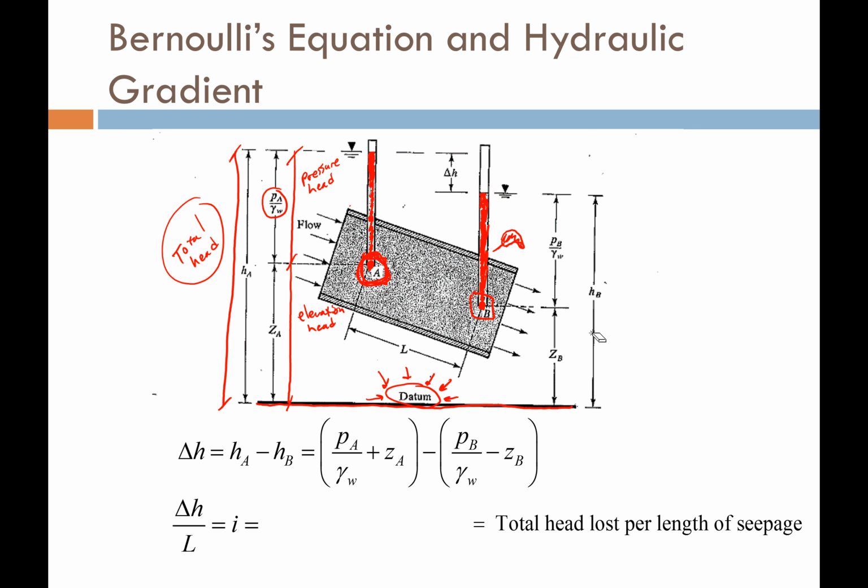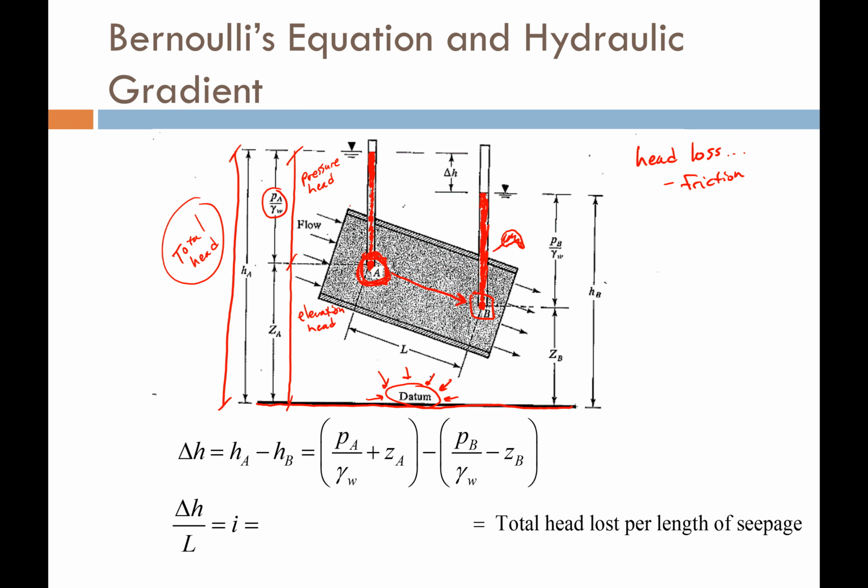Okay, so if I were to compare now the energy of water from point A as the water travels to point B, what do we notice? What do we see? Well, the water rises higher in the piezometer at point A, which means that it has more energy. But it doesn't rise as high at point B. Why is that? Well, because we had head loss. That could be due to friction, which is the most likely cause.